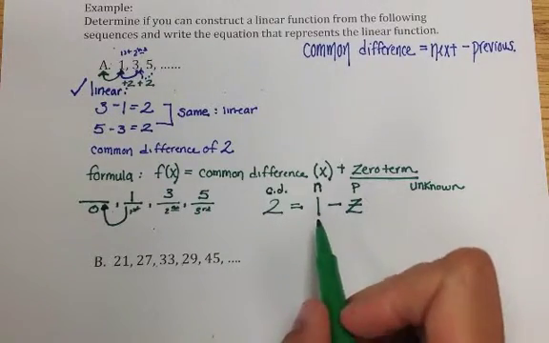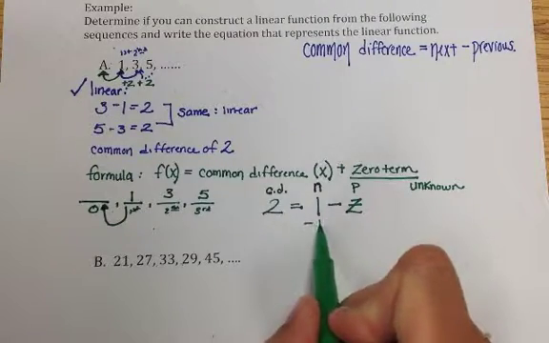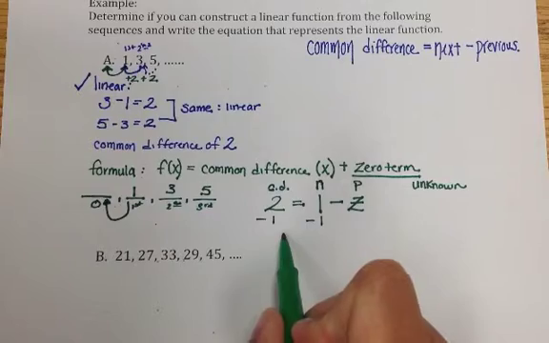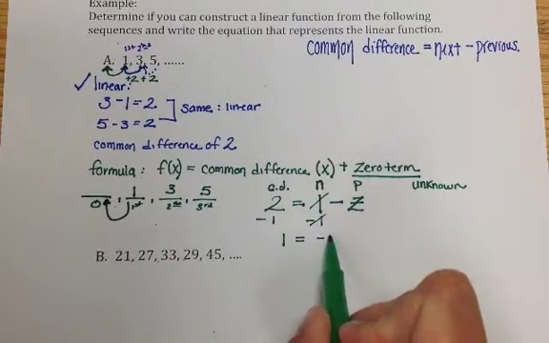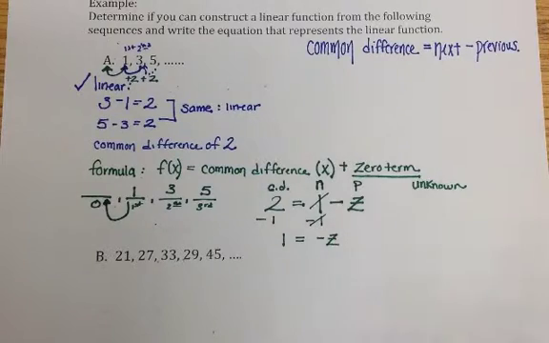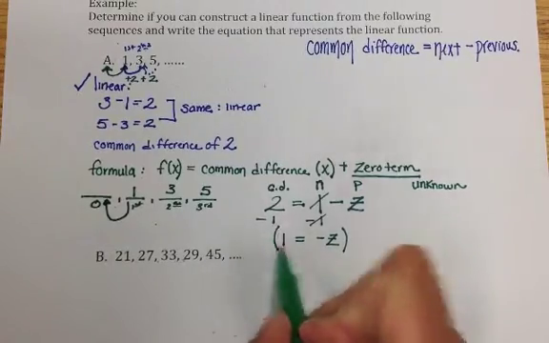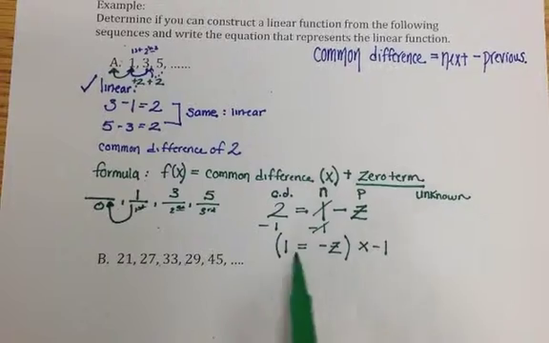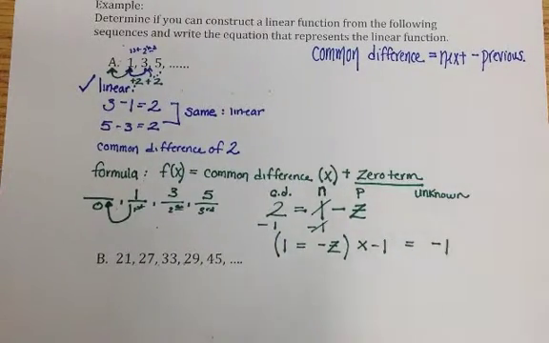We're going to solve an equation using opposite operations. We're going to subtract 1 from both sides. So 2 minus 1 is 1. The 1 and the negative 1 cancel out, and that would be equal to the negative of the 0 term. Well, we want to know what the positive of the 0 term is. So we're going to multiply both sides by negative 1. 1 times negative 1 is negative 1.